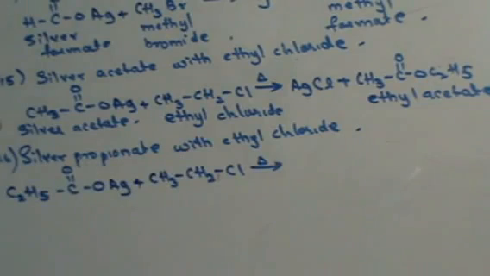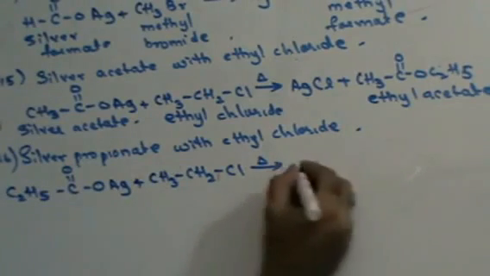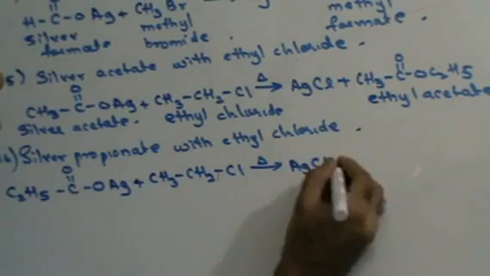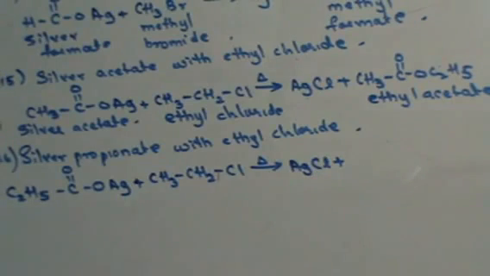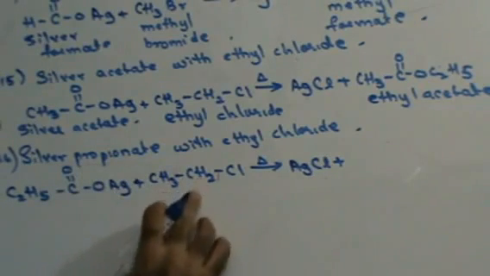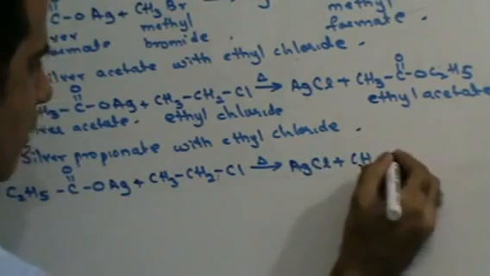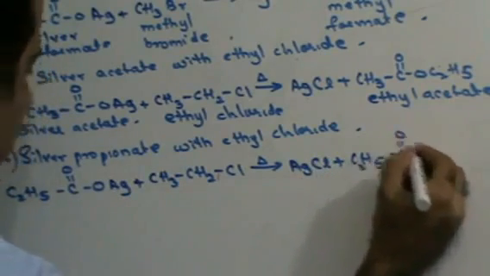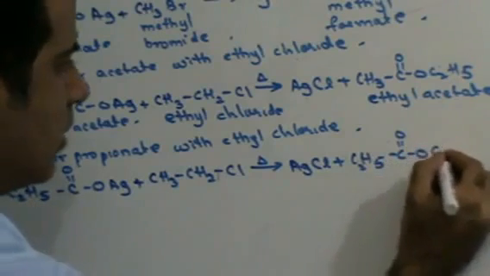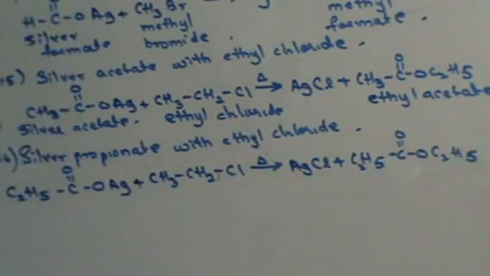Heat. In that case, silver reacts with chlorine to give you AgCl. So the ethyl group will be substituted here, and you will have C2H5COO C2H5.